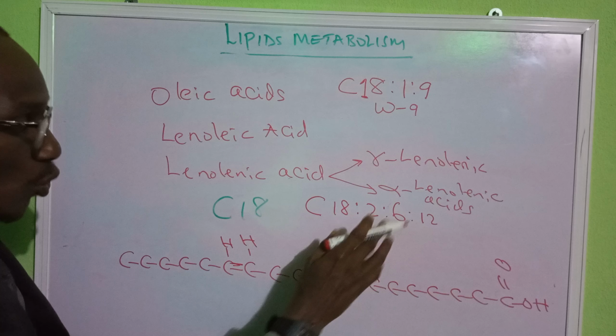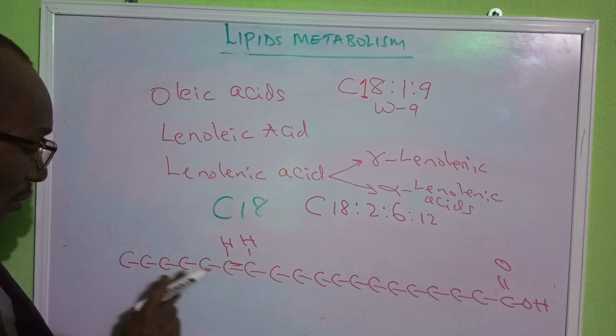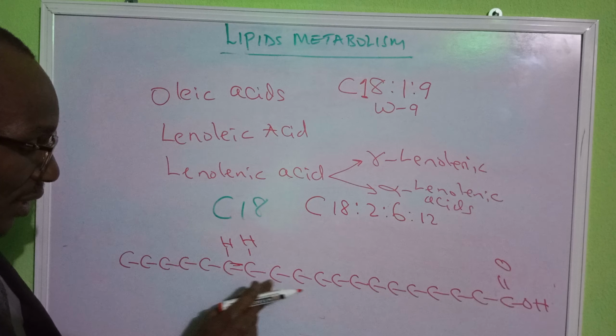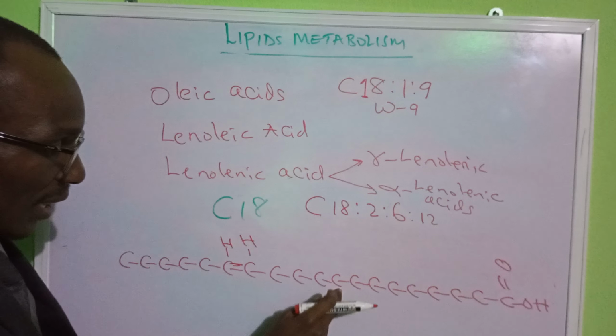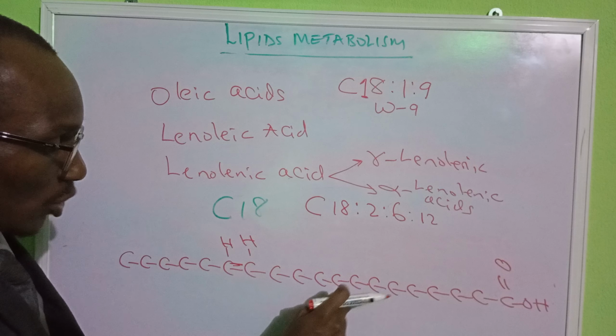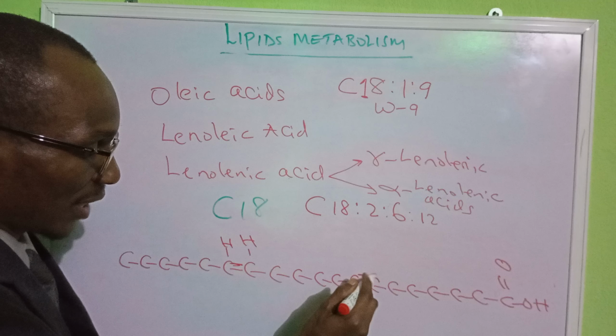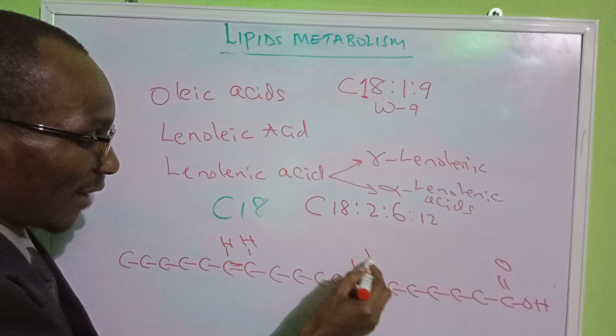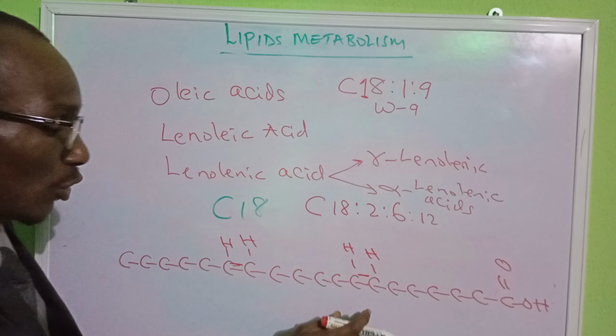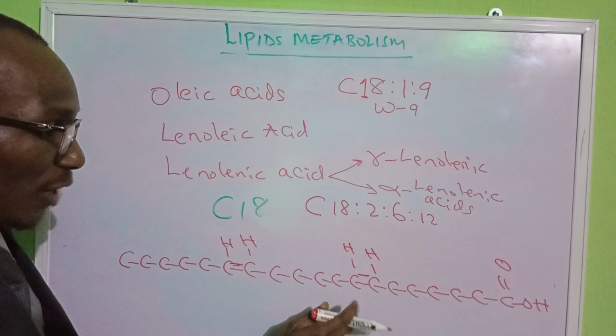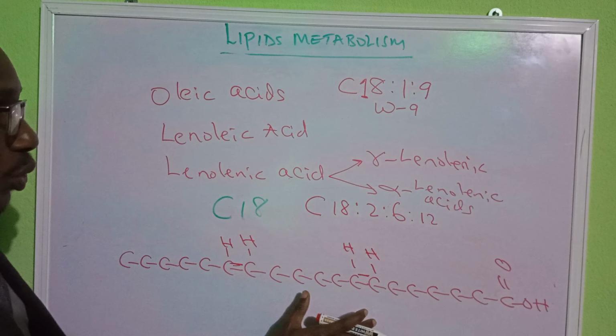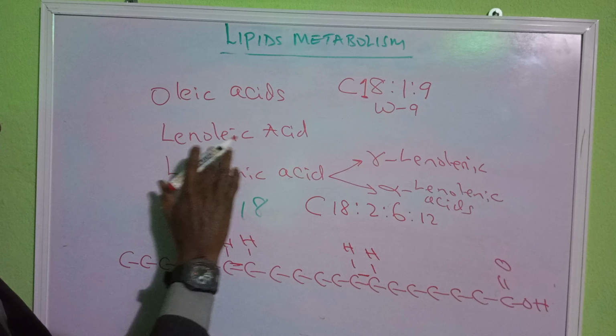And at position 12, so 1, 2, 3, 4, 5, 6, 7, 8, 9, 10, 11, 12. So the other double bond can be present here, meaning it will have only 2 hydrogen atoms, and it will be deficient of 2 hydrogen atoms. This is the common structure of linoleic acid.